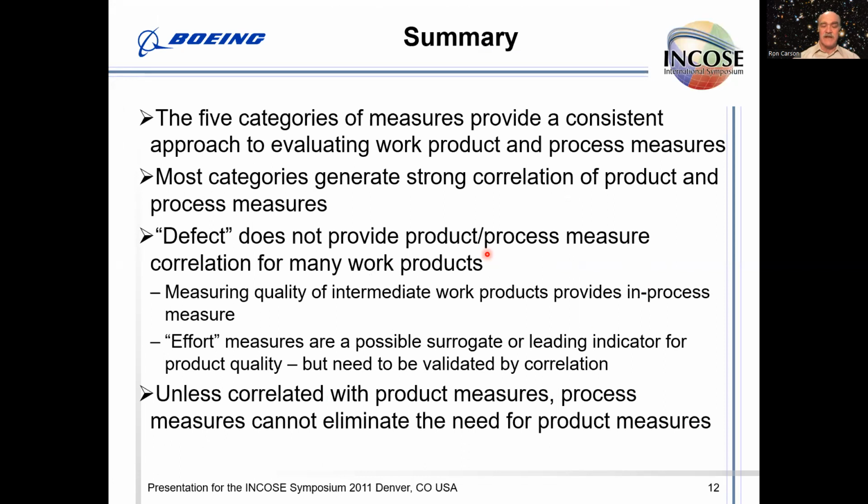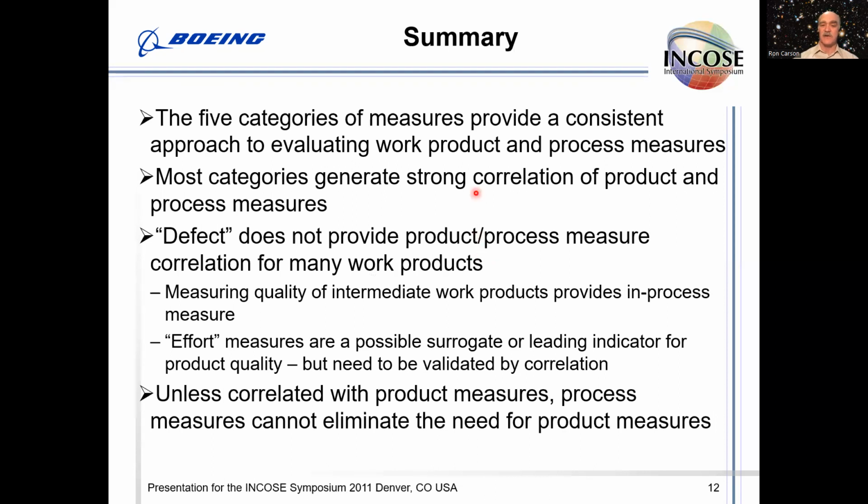So in summary, we used 5 generic categories of measures to provide a consistent approach for evaluating work product and process measures. Size, schedule, effort, and so forth. And then the most difficult one to do a correlation for was the product quality or defects.